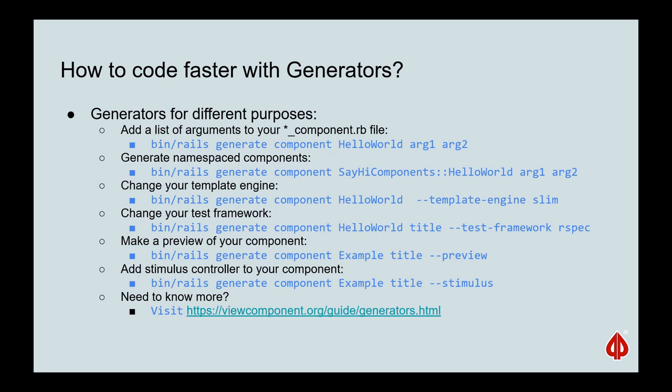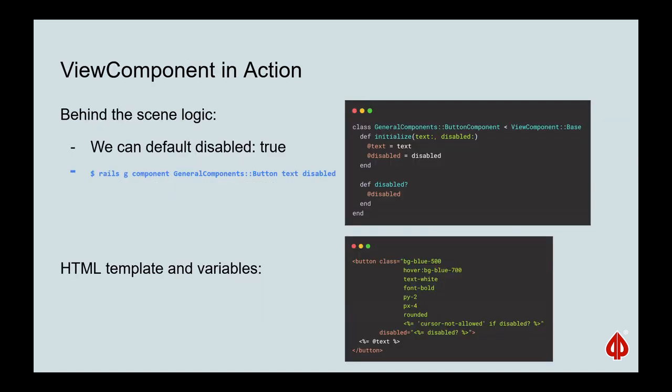So, view component in action. The first thing, for example, if you want a button as a general component, the generator you need to call is rails generate component general components, and under general components you will have a button. A button can have a text, a disabled tag, or classes, stuff like that, that you can insert into your view component.